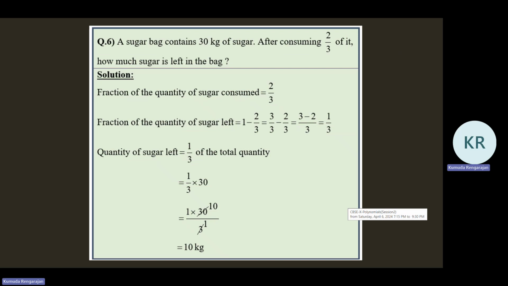Finish this one? Already, yes. Oh, it's there, no? The question is there. By the time you are explaining, you know the question. It's one.